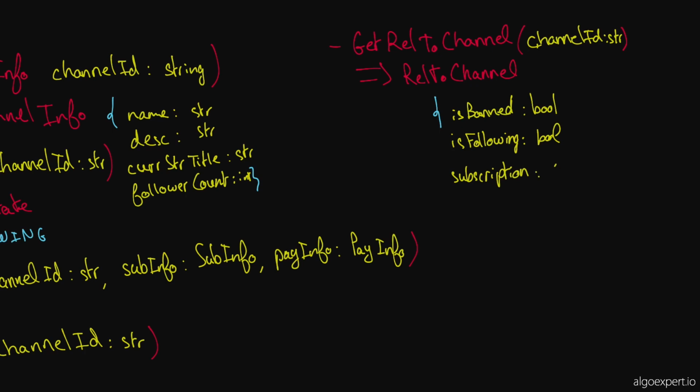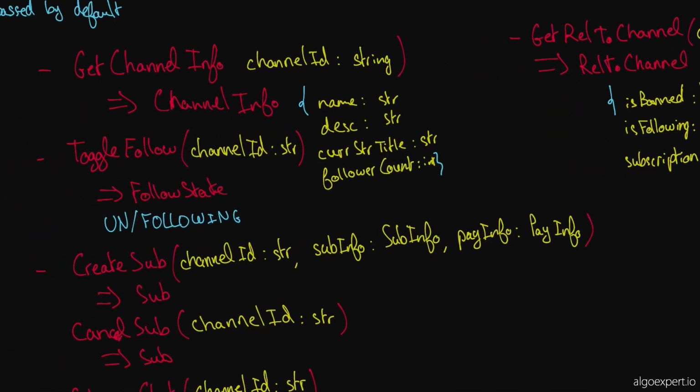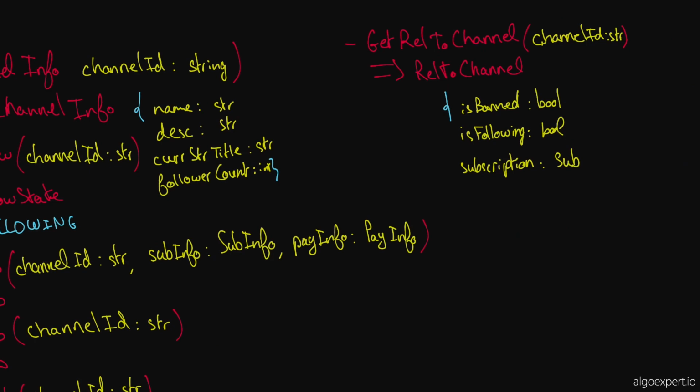And this is either a sub, which is the type that we had right down here, when we create a sub or when we cancel a sub, or null in the case that there is no sub, you're not subscribed. And that's it. And then maybe, again, we would add moderator status or some other form of relationship between you and the streamer. So that is how I would handle it.